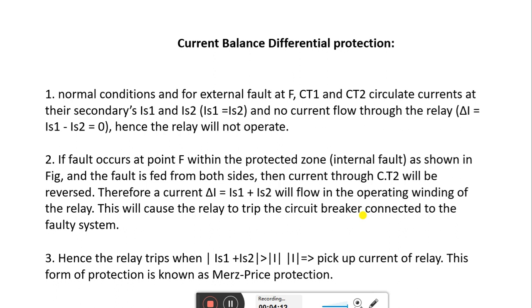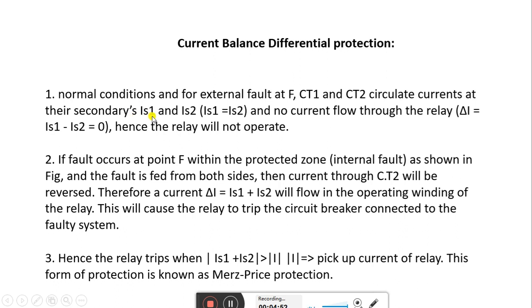What will happen in normal condition and for an external fault? An external fault means a fault outside the protected area, which we have defined as the area to be protected. For the external fault at F, CT1 and CT2, that is current transformers 1 and 2, circulate currents at their secondaries.